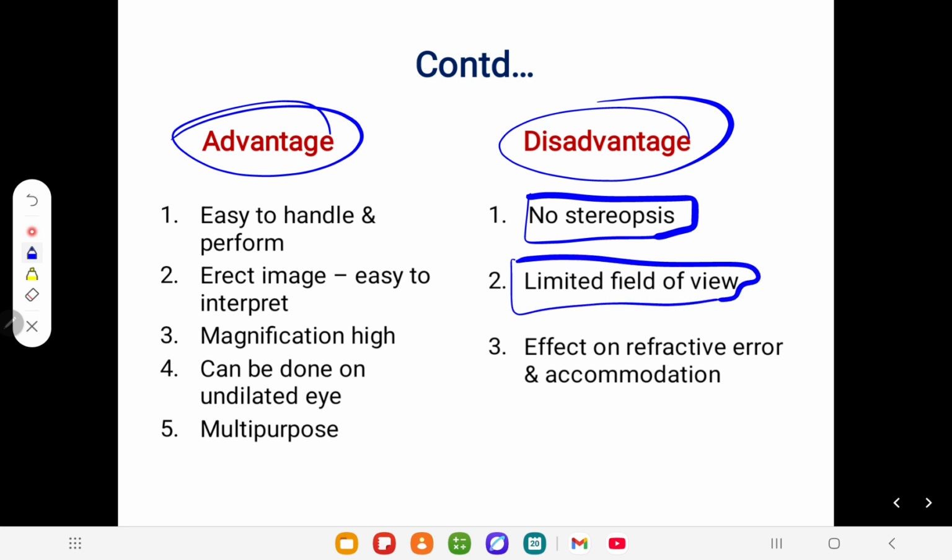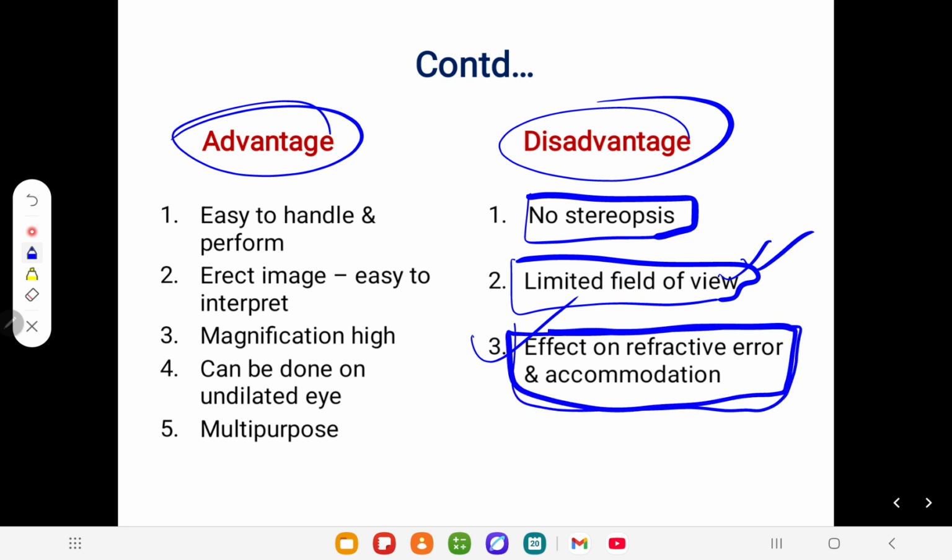Similarly, effect of refractive error and accommodation is a disadvantage of direct ophthalmoscope, and at the same time an advantage of indirect ophthalmoscope. These three disadvantages in the direct ophthalmoscope become advantages in case of the indirect ophthalmoscope.